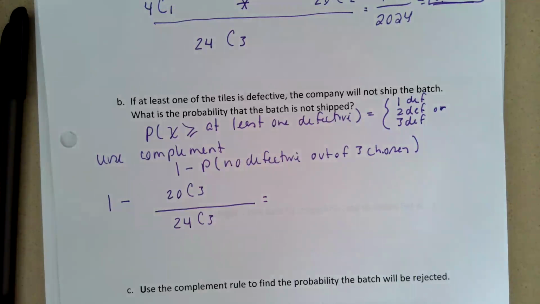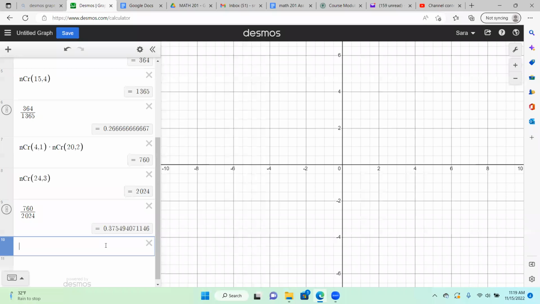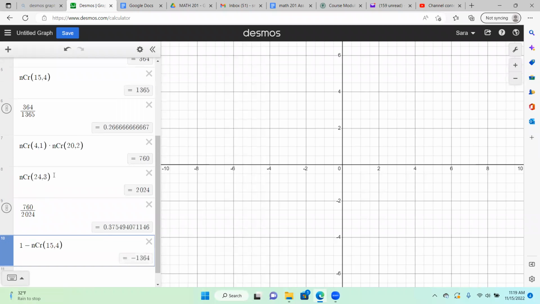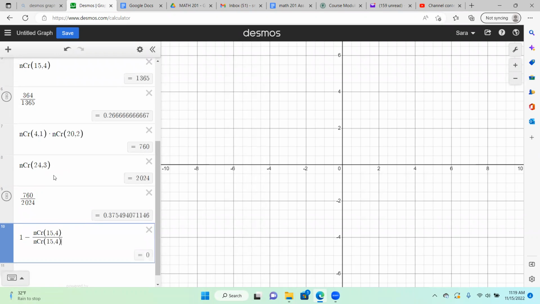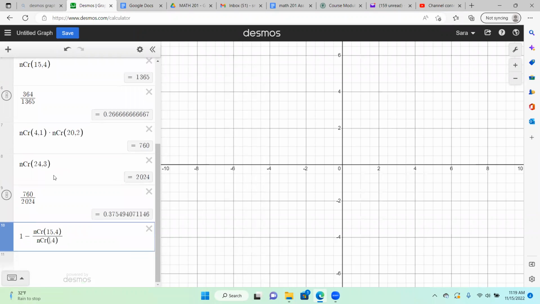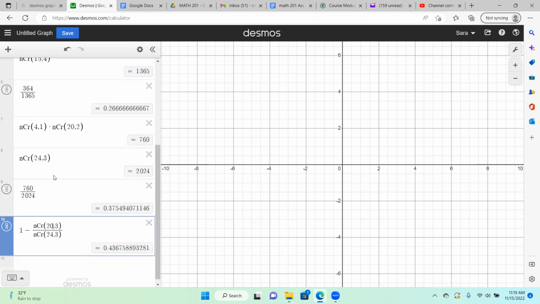So let's go to Desmos so we can see how this is typed in. So we're going to say 1 minus, so we get 0.4368.